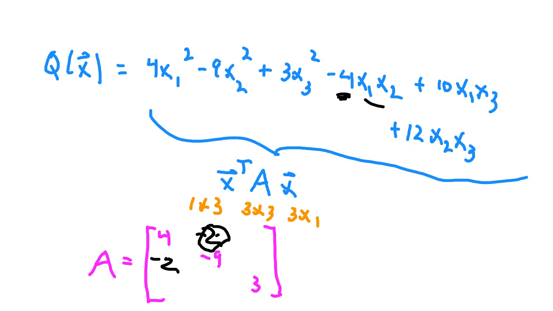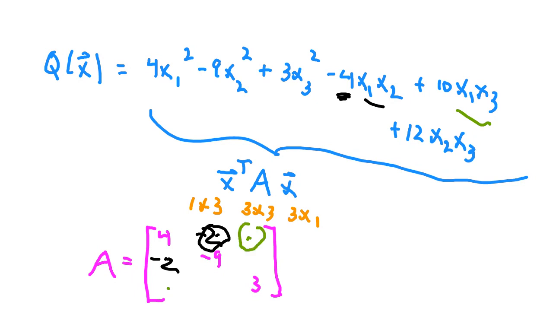What about these entries here? First row, third column, third row, first column. What term do we look at above? Which cross product term? You have 2 to choose from. Well, you're in the first row, third column, so x1, x3.